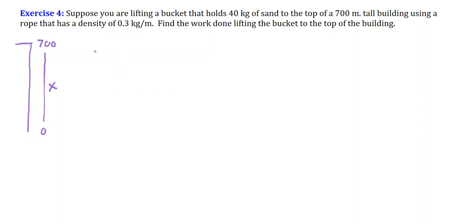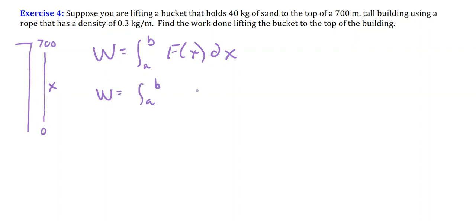So let's start with our work formula. Work is equal to the integral from a to b of a force function exerted over a distance, so f of x dx. Well, we remember that force is defined as being mass times acceleration.